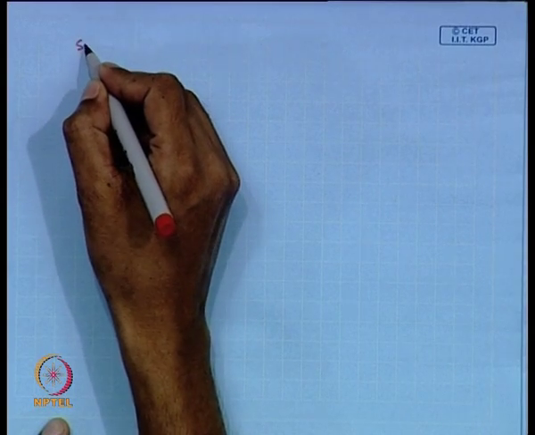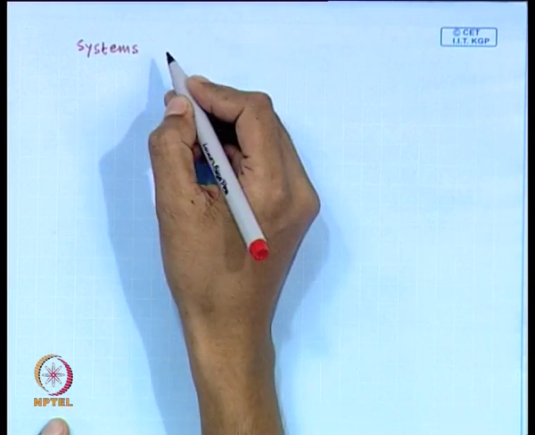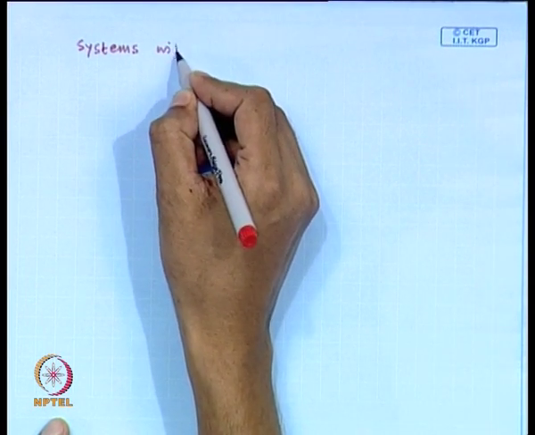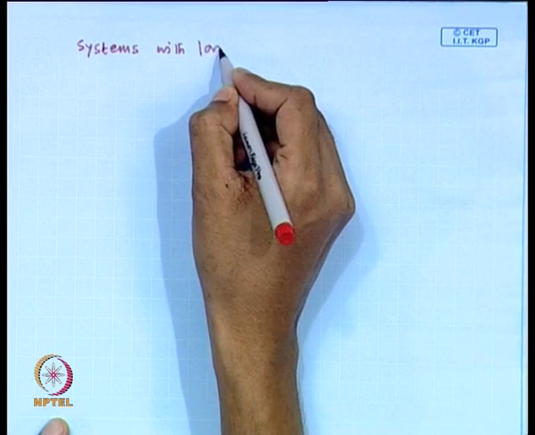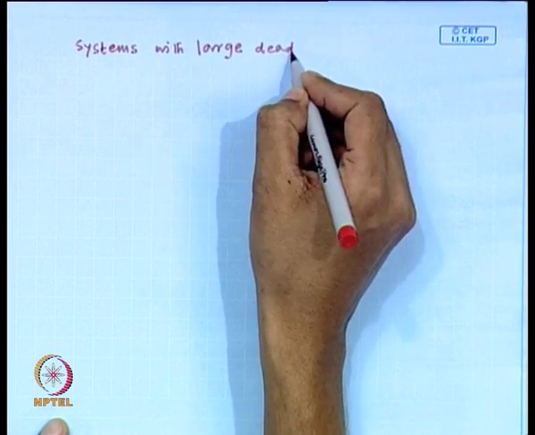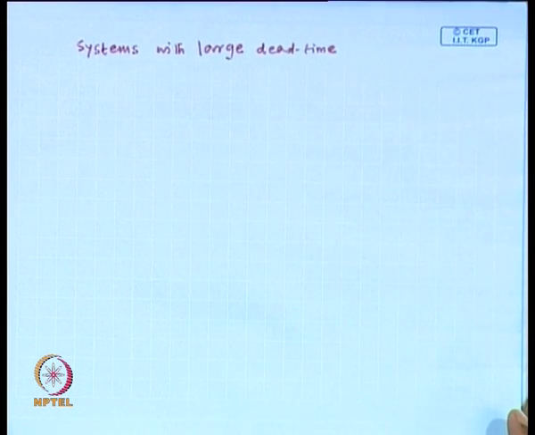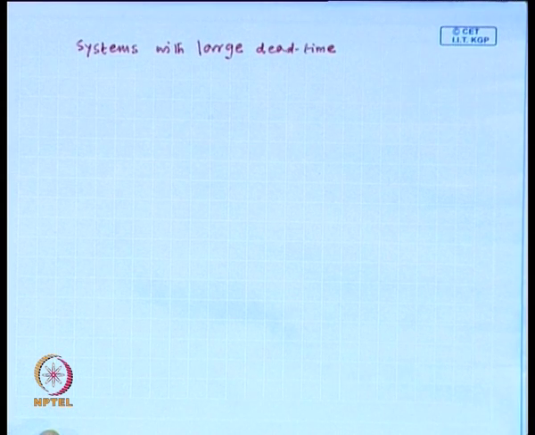So, our topic is systems with large dead time. Fine. And this is under advanced control schemes.